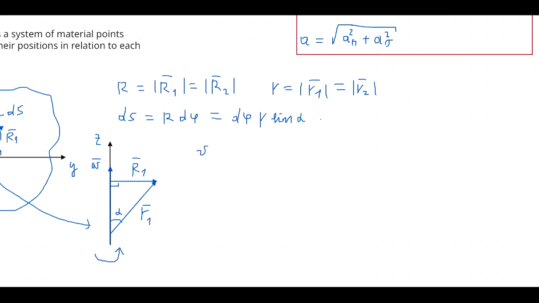V is equal to this derivative, and this is equal to d phi by dt times r, and this is equal to d phi by dt, r sinus alpha.